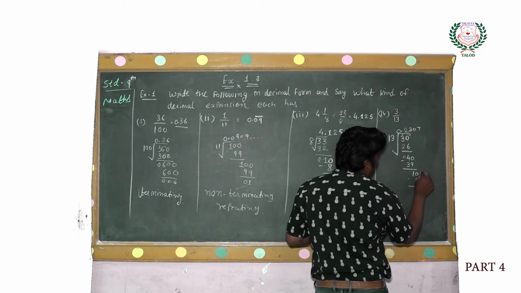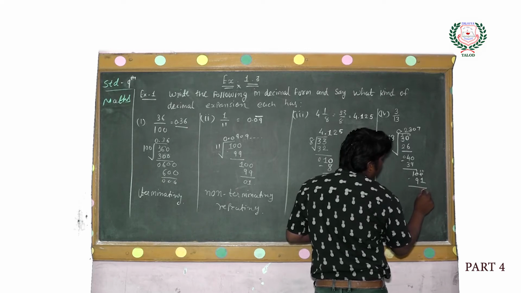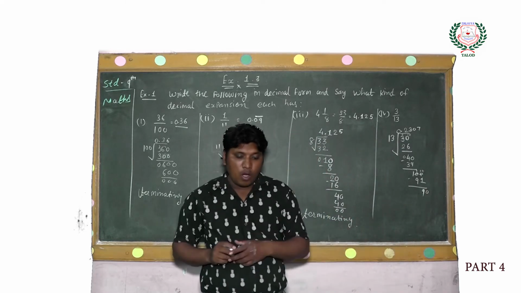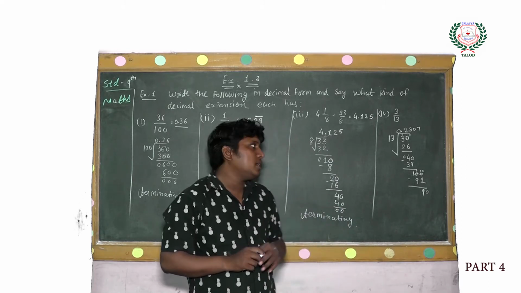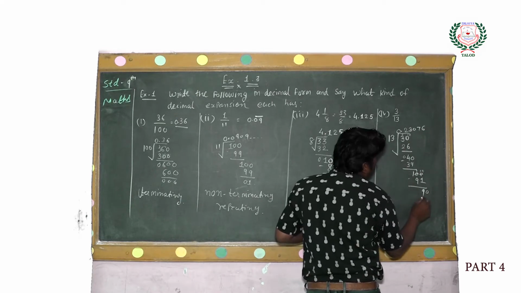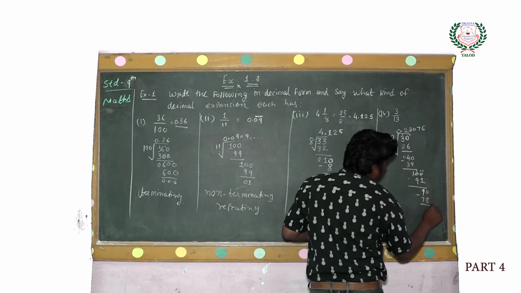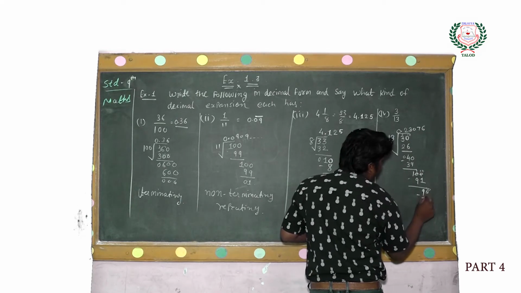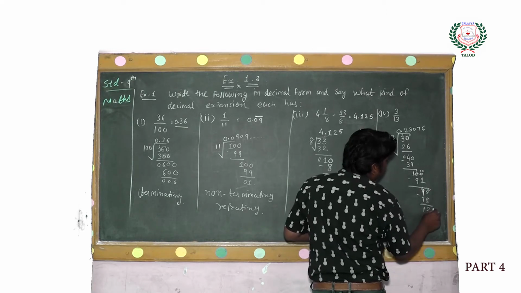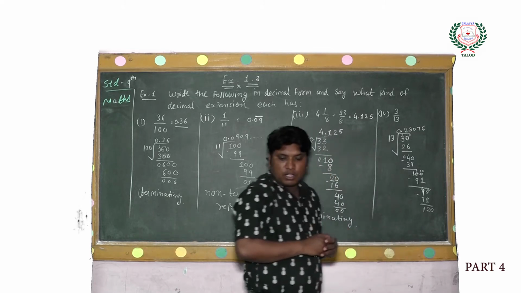When you subtract them, you get here 9, and once again put here 0. Now with the help of 13s, 13 sixes are 78. So what happened? Here you subtract, you get here 12, and once again you have to put here 0.